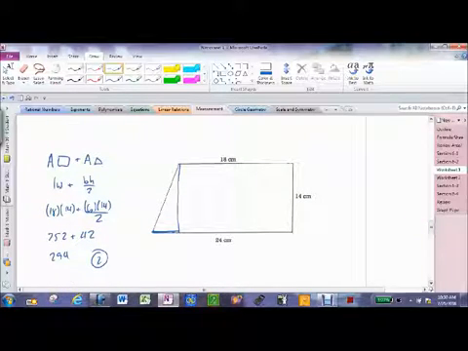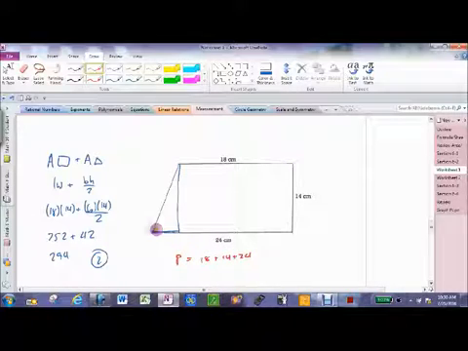Now, perimeter is a little harder. What's this? 18 plus 14 plus 24. But you needed this side, didn't you? How do you find it? Pythagoras.